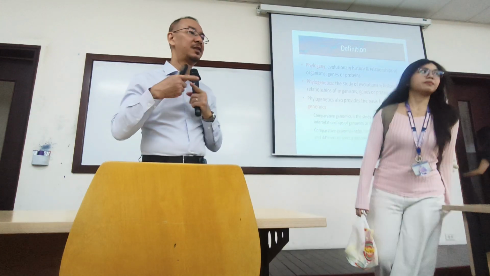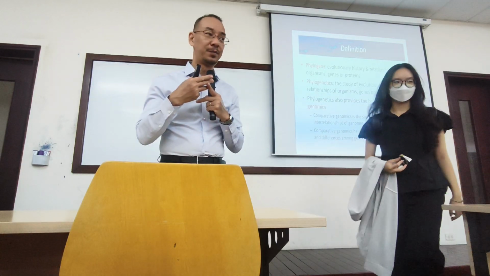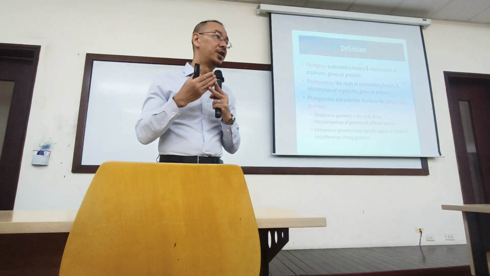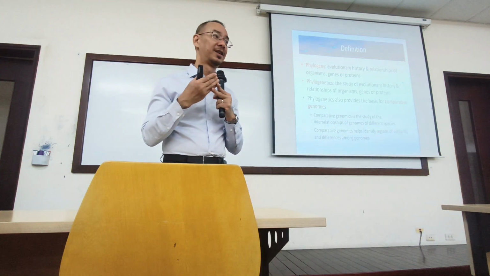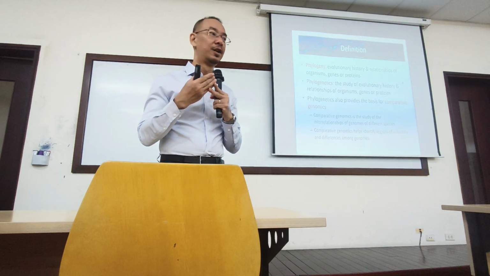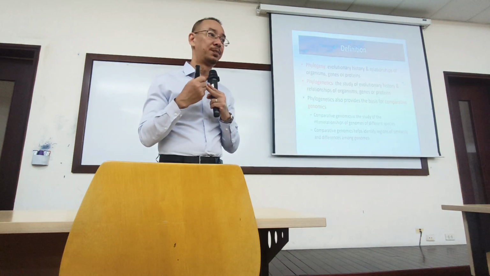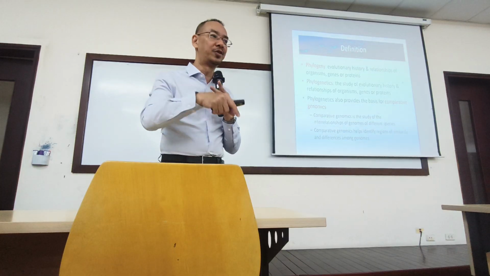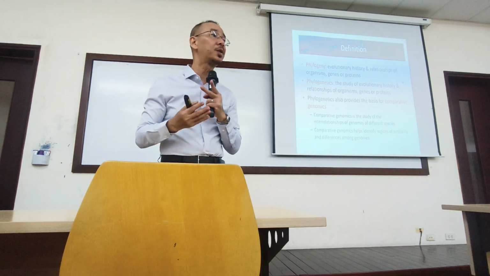For genomics, we classify it into structural genomics, functional genomics, and comparative genomics. Structural genomics identifies the gene structure: where the gene is located on a chromosome and how many genes are on one chromosome.